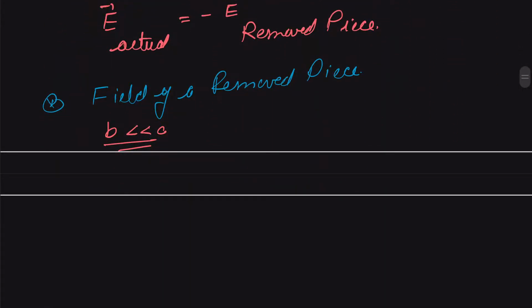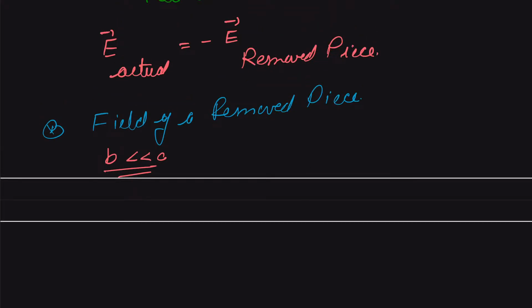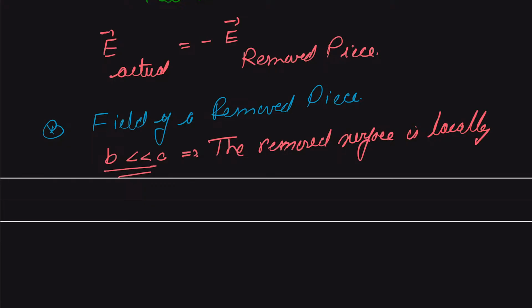So as B is very much less than A, from here we can say the removed surface is locally planar.